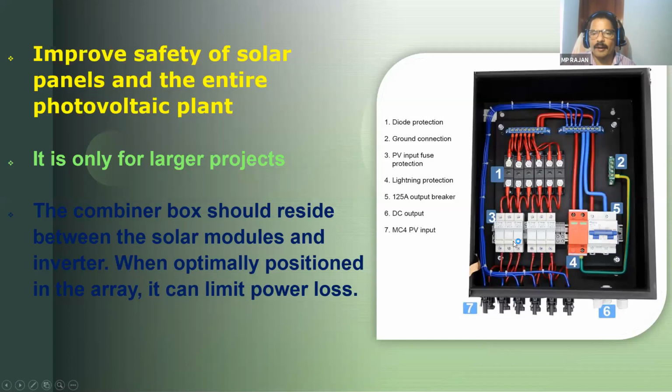Then this is the PV input fuse protection. A fuse or circuit breaker will be used; this is a DC protection. Whenever overcurrent is there, it will get fused and disconnect the solar module from the various other components. Okay, from this one, it goes through the diode protection, like a blocking diode.